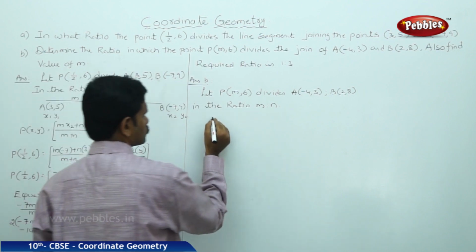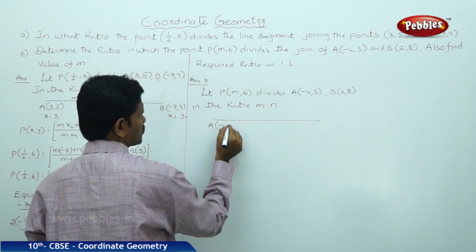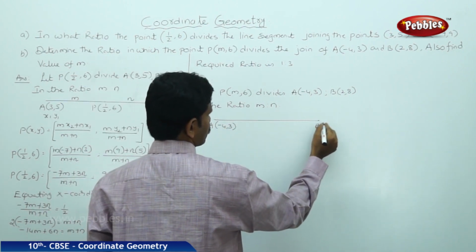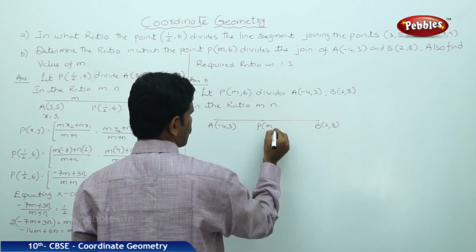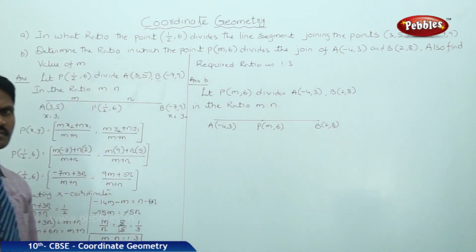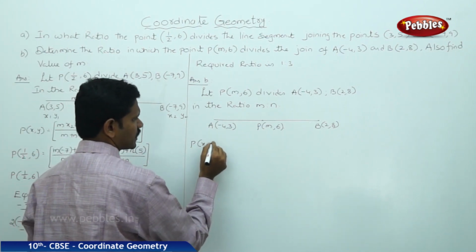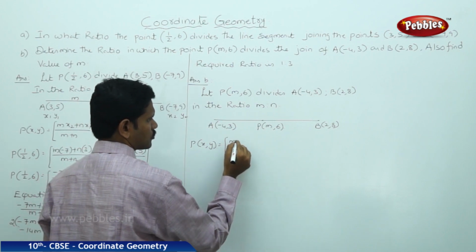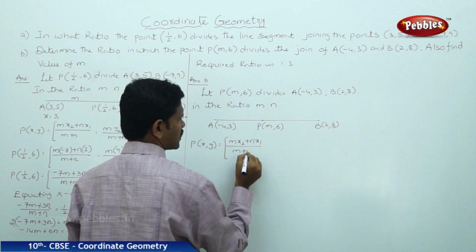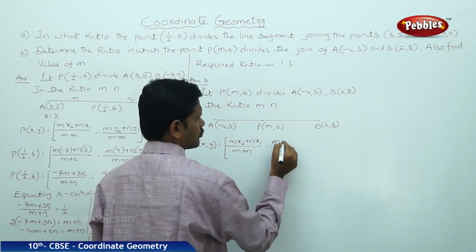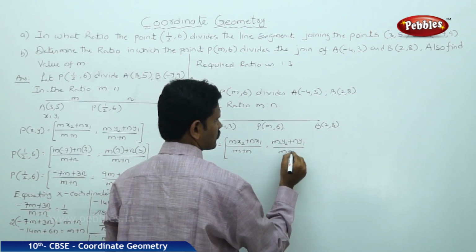Now A(-4, 3), B(2, 8), P(m, 6). Now that is P(x, y) is equal to (mx2 plus nx1) by (m plus n), (my2 plus ny1) by (m plus n).